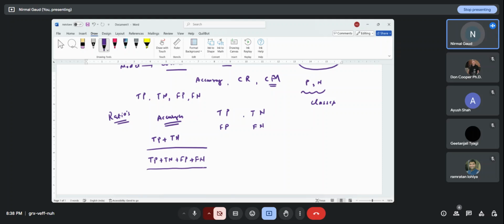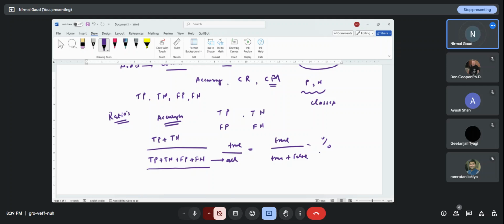That means all the instances, all the values. And in the numerator we have true. True divided by all. So it's like this: true divided by true plus false. That will be accuracy. It's a percentage value. If you multiply this with 100, we are going to get the accuracy in percentage.